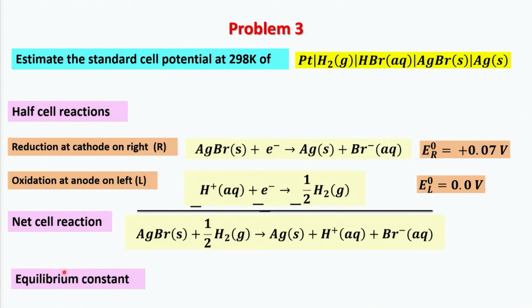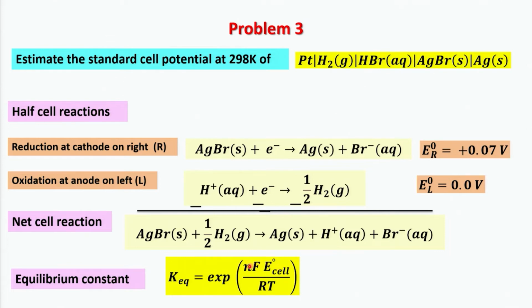As discussed before, we can also predict the equilibrium constant, and here K equilibrium would be given by exponential of N F E naught cell divided by R T. We can calculate E naught cell, which we have shown to be equal to plus 0.07 volt.